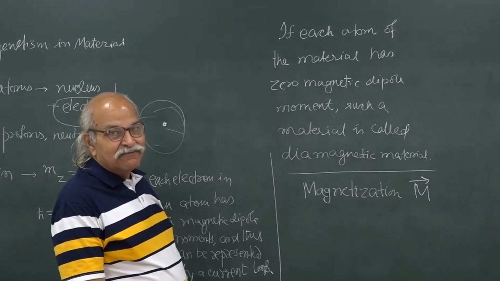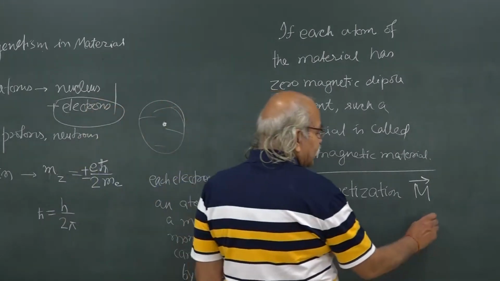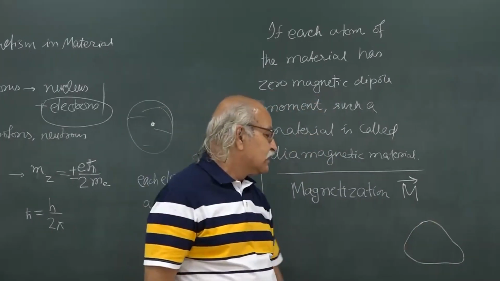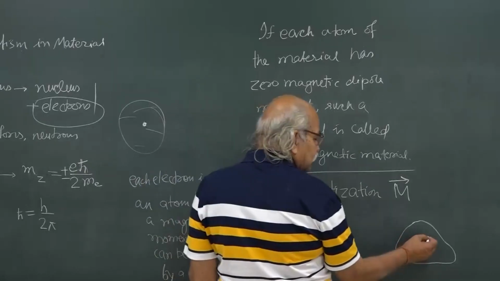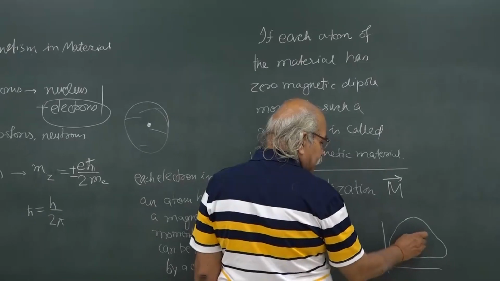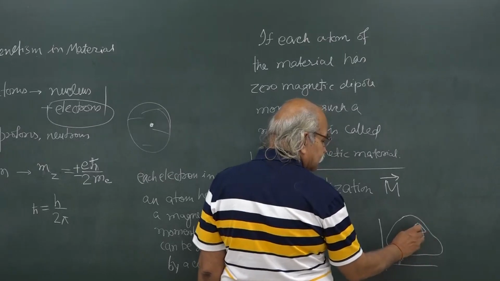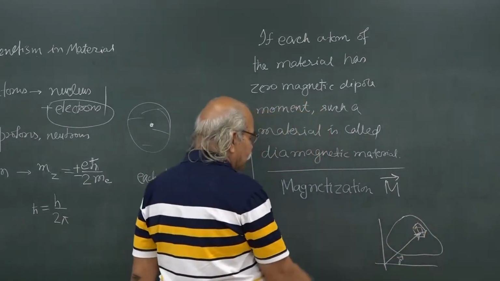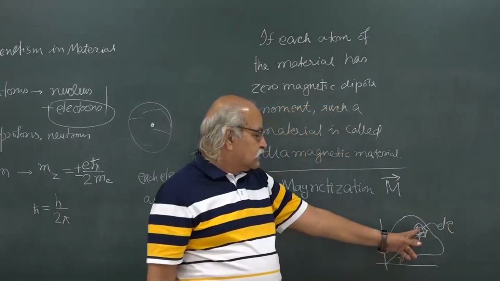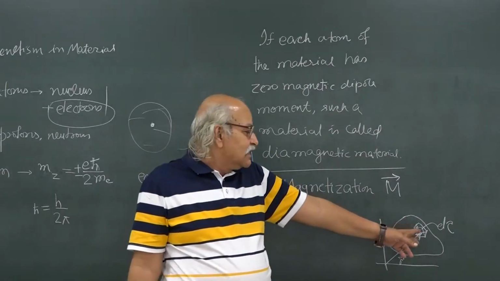And what is this capital M vector, this magnetization in the material? You take the object, suppose this is that piece of material, and then you take some point in the material, and there you construct a small volume, d tau. This will contain a number of atoms and molecules.